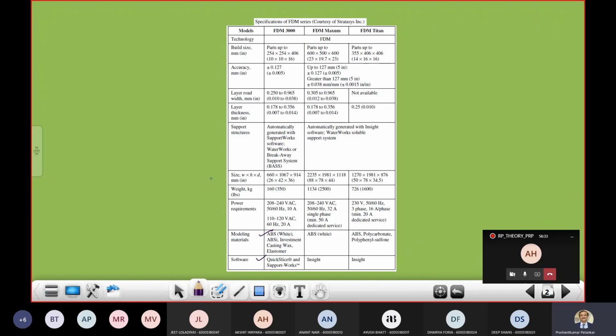And here you can see the various dimensions, okay, width, height, depth, then the typical weight is given. The numbers in the brackets tell you the weight in pounds, okay. The typical accuracy level and tolerance value are also given over here. Okay.